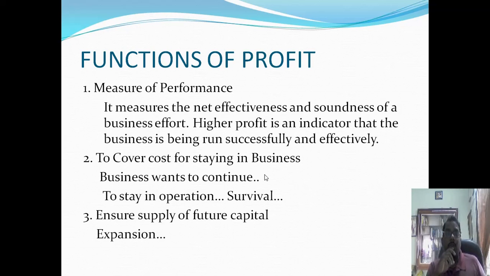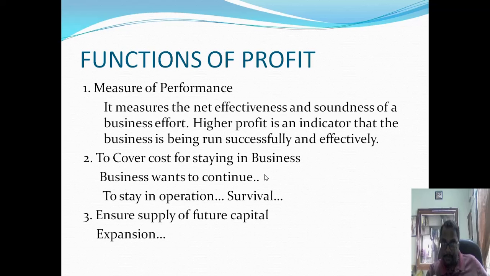Okay. So the first important function of profit is measure of performance. So how can you measure your performance in studies? Your performance is measured by conducting CAA 1, CAA 2 and model examination, and finally how you performed will be revealed in the semester examination. The point is that it is measured by the marks. How many marks you are getting will say your performance.